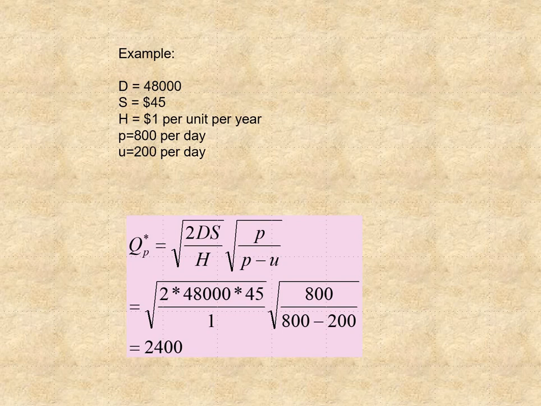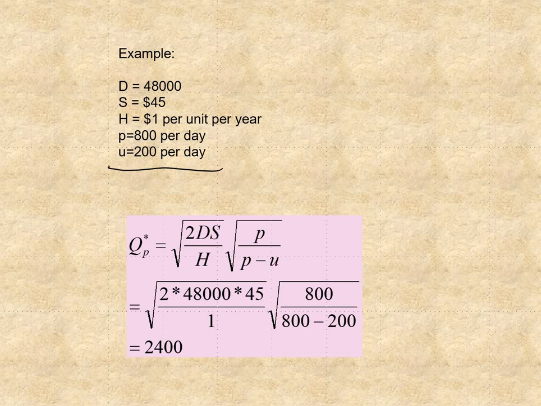Let's look at an example. D equals 48,000 units. S equals $45 each time we start the production again. Holding cost is 1 per unit per year. Production rate is 800 units per day. Usage rate is 200 units per day.